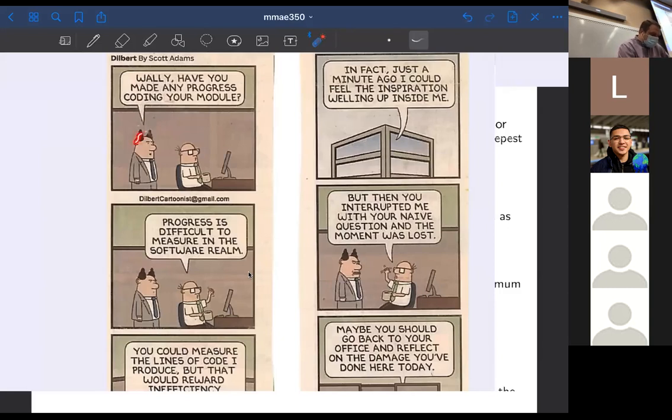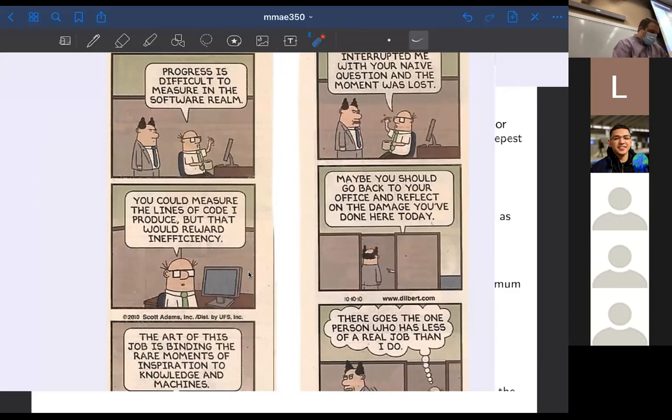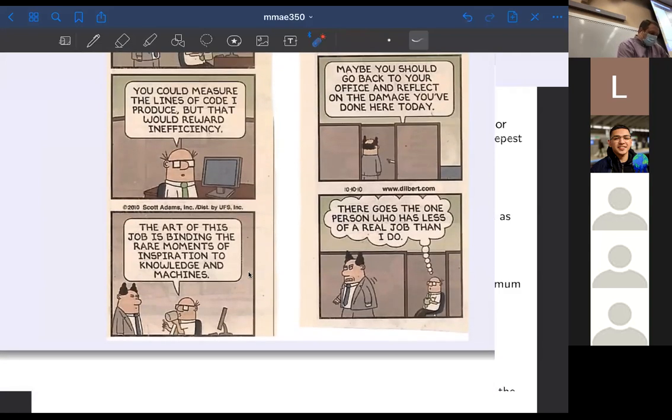So the manager, pointy-haired boss, asks if you're making any progress on coding your module. And of course, Wally, who's the engineer, the programmer, says rightly that progress is difficult to measure when you're coding. He says, well, you could just measure the lines of code that I produce, right? So you could just have a little dashboard on the manager's computer that shows how many lines of code per hour each programmer produces. But that would reward inefficiency. That would reward me doing the same task with more lines of code.